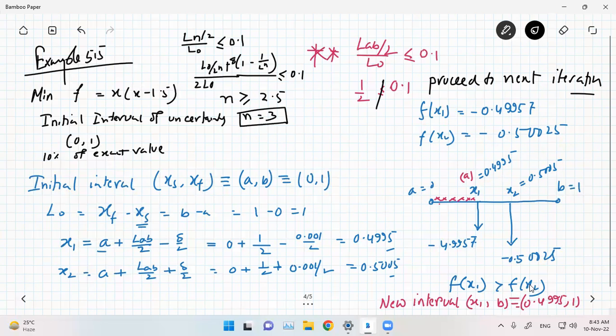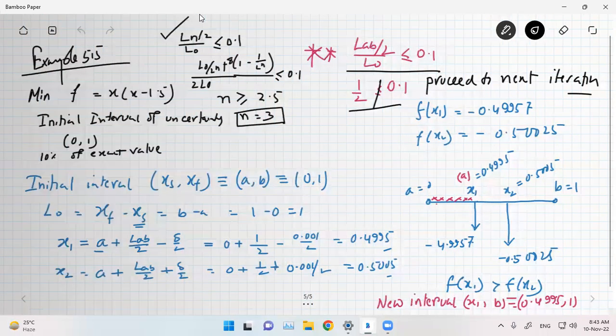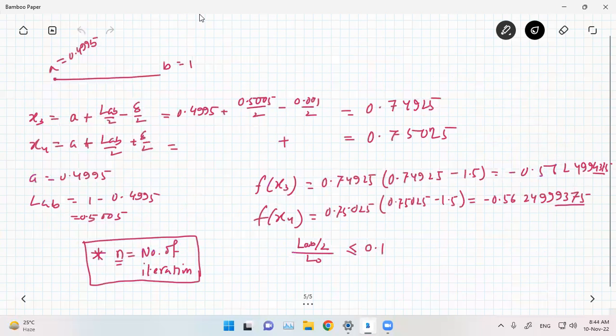So either you go with this one and then just follow the step, how many iterations you have to go, or after each step, you can check this criteria, whether to proceed to the next one or not. As long as the condition is not true, we have to proceed, and whenever the condition becomes true, we have to stop there. So we know from the formula that we have to go for the third iteration.